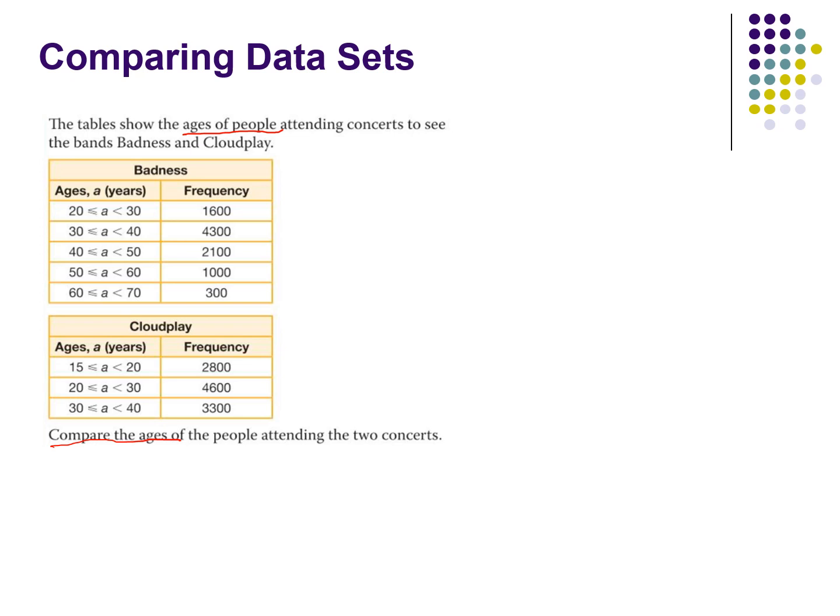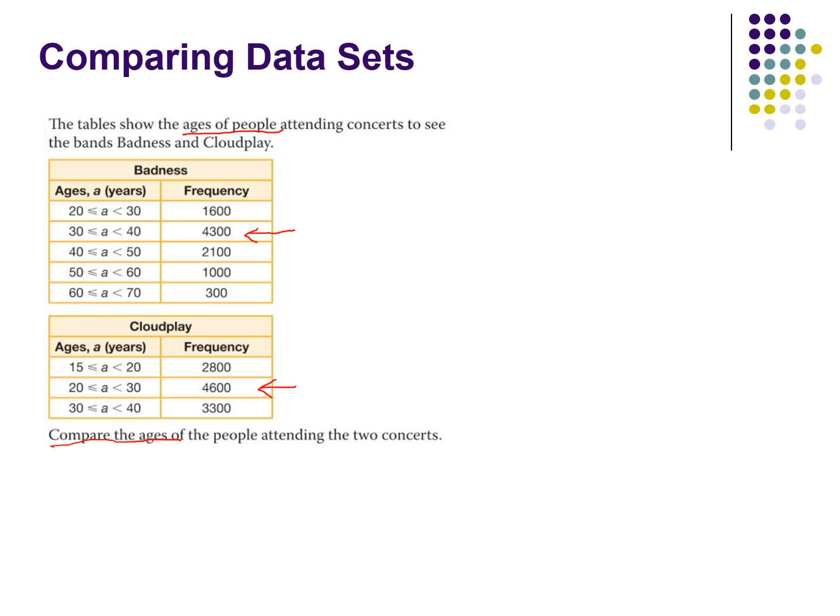Because if I have a look at these, it's very easy looking down the frequency column to see which row has the biggest frequency in it, and then also for the second one, which row has the biggest frequency in. So that tells you for the top table that on average, according to the mode, the ages are between 30 and 40 for Badness, and they are between 20 and 30 for Coldplay.